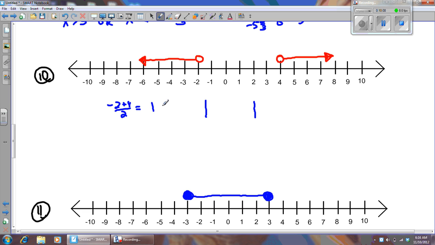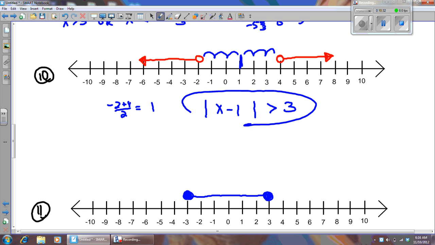I need 1 to make my expression turn to 0, so that must be an x minus 1. I know the picture looks like an or. It's not equal to because my points are open. And here's my midpoint. How far are my endpoints from my midpoint? Well, they're 3 spaces. There you go. Pretty simple stuff.